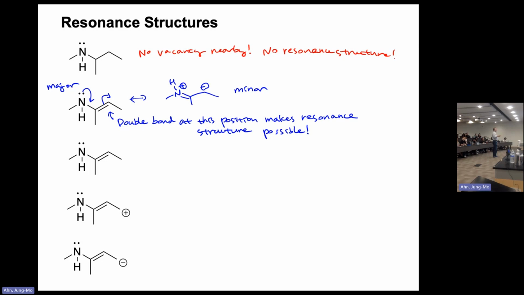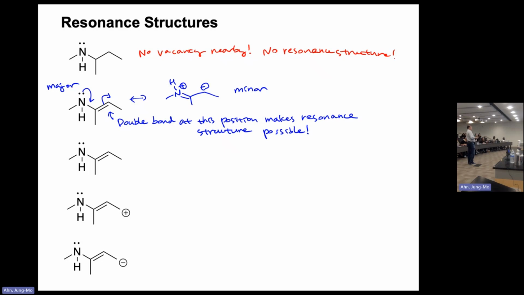Even though this one, if you count the octets for the nitrogen and carbon, all of them actually have an octet. Nitrogen has an octet filled, carbon has an octet filled, even though it's negatively charged. But what makes this one minor compared to that? Charge separation. Nature doesn't want to get charge separated. So that's what makes it less stable than this one.